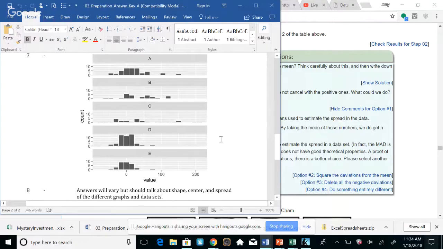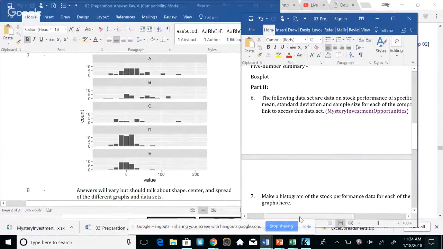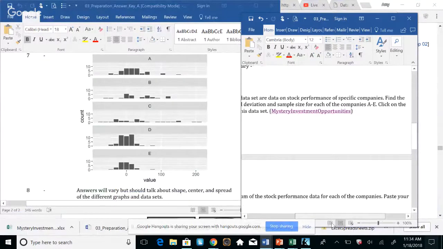Right. But just because it's in the positive, and when you look at the mean, what are we looking at? Are we looking at dollars they've made? Right. See, it's not very descriptive in the assignment on what these numbers are representing. If it's money they've made, then if they're going down... because all it says is the following data set are data on stock performance of specific companies.